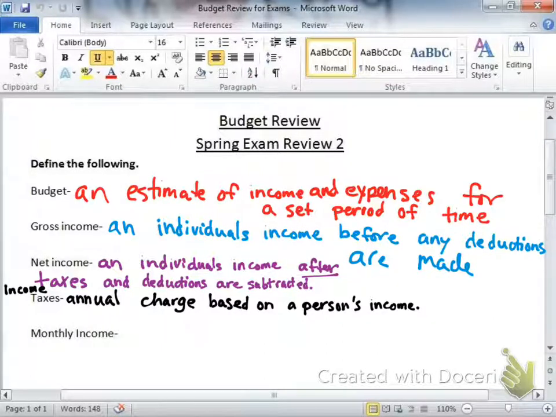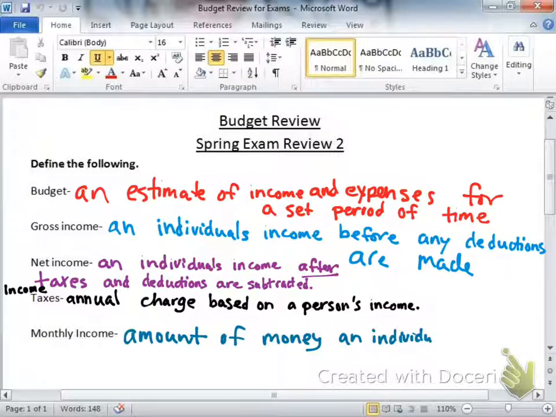So your monthly income is the amount of money an individual receives each month.